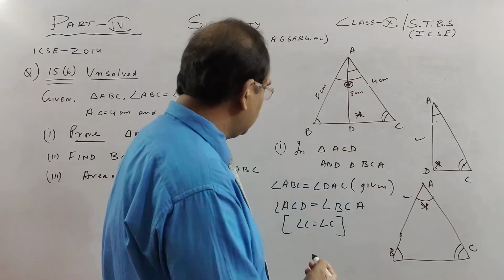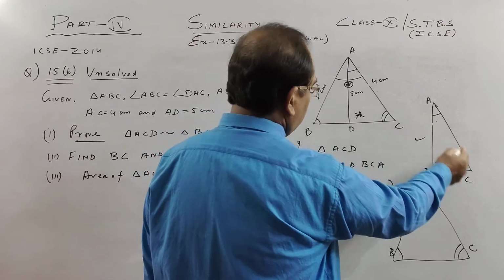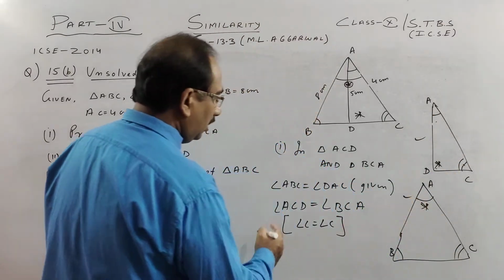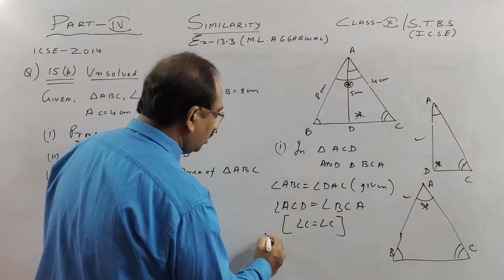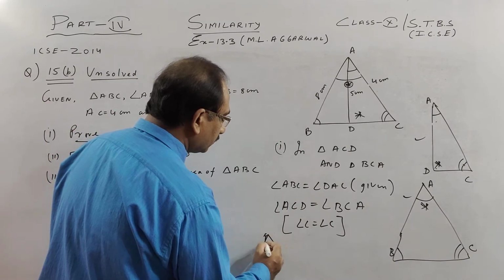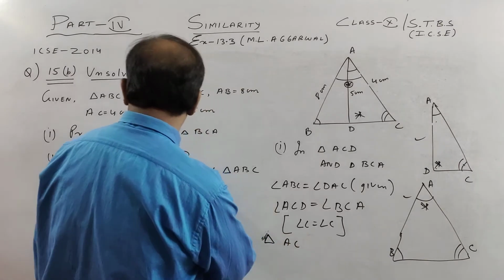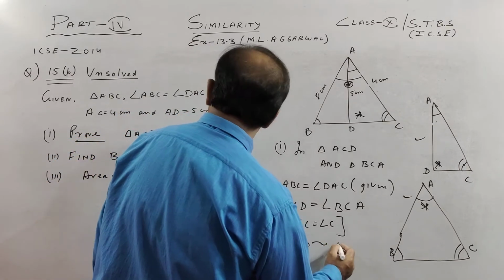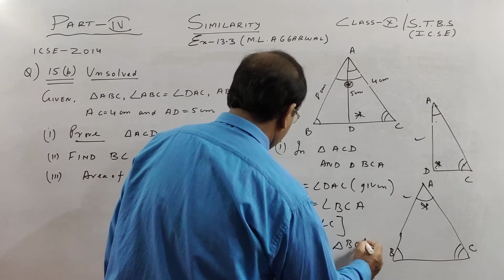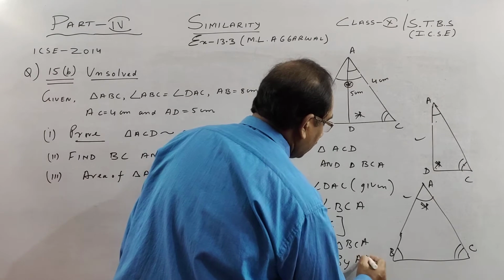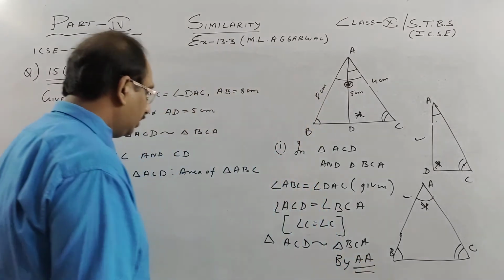So you could have written like this, but better we write this, single double ACD is equal to BCA. So both the triangles, ACD is similar to triangle BCA by the rule of similarity postulate. First part we have done.